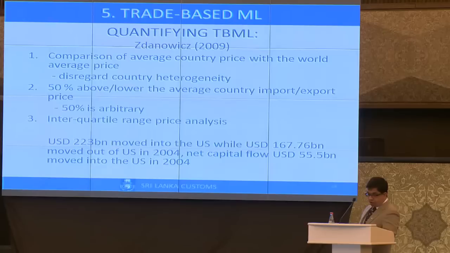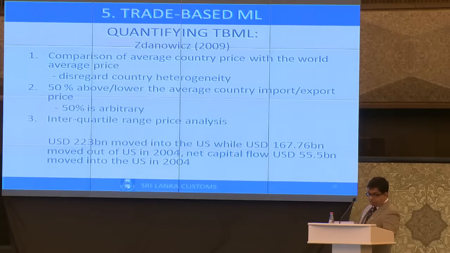There are several comments on this method, and it is said that it disregards country heterogeneity. The second method is 50% above the average country import price or 50% lower than the average country export price.